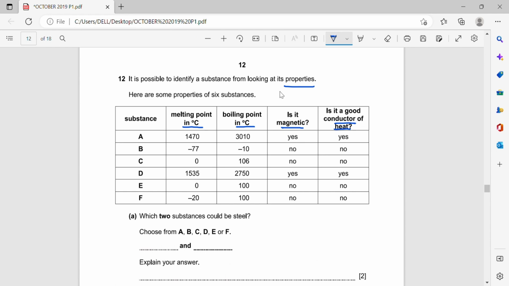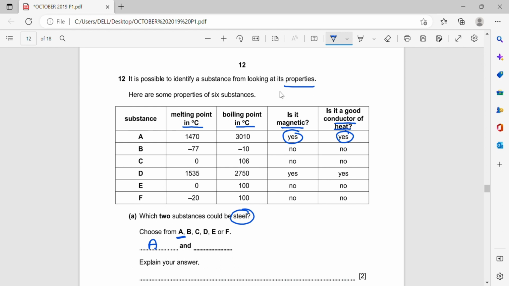Choose from A to F. Let's look at substance A. Substance A: melting point very high, boiling very high, it's magnetic, good conductor of heat. So could it be steel? A is an option.